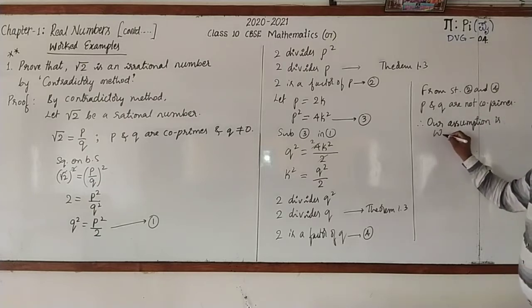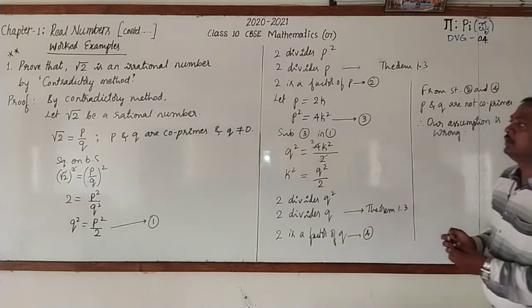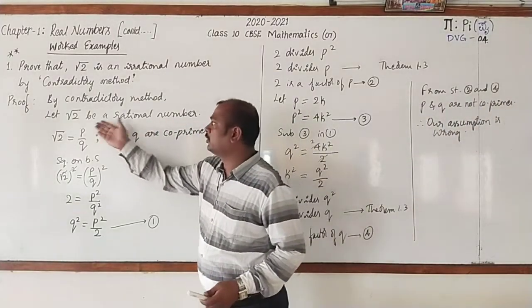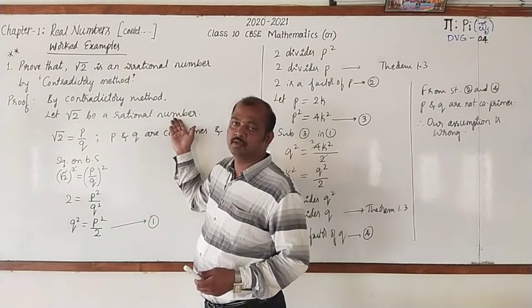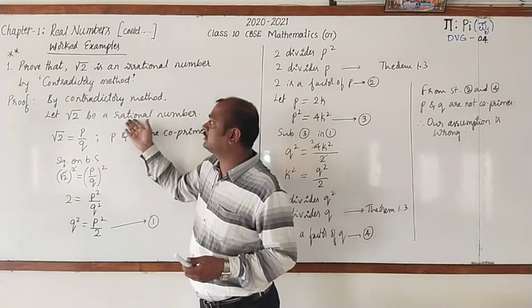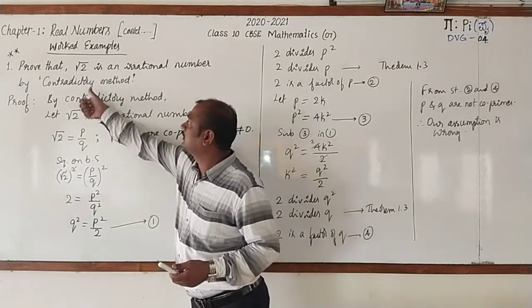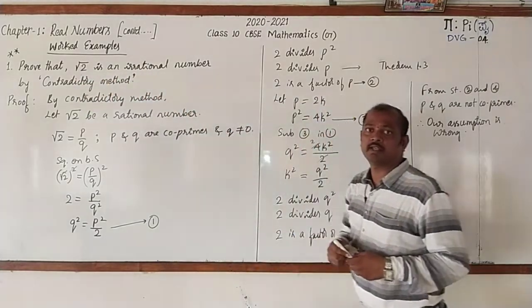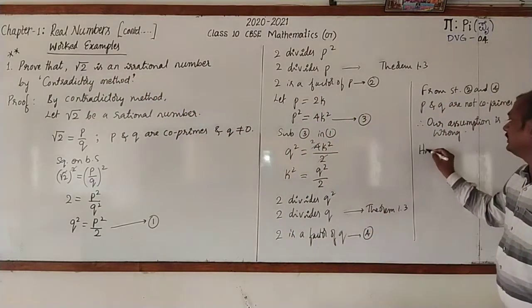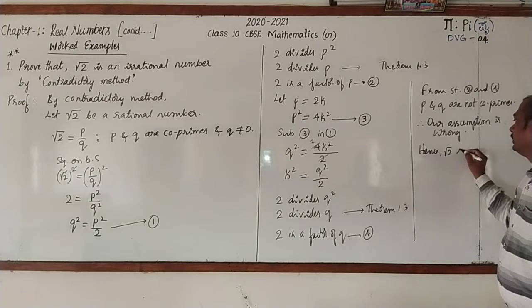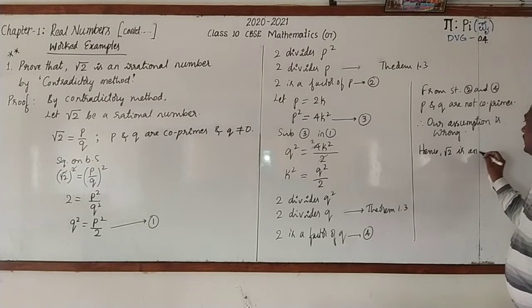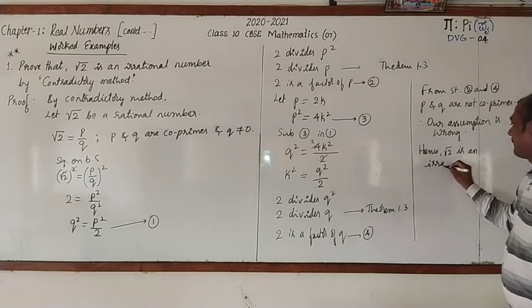Then what did we assume? Root 2 is a rational number. If our assumption is wrong, then what should it be? Root 2 is irrational. Here I write: hence, root 2 is an irrational number.